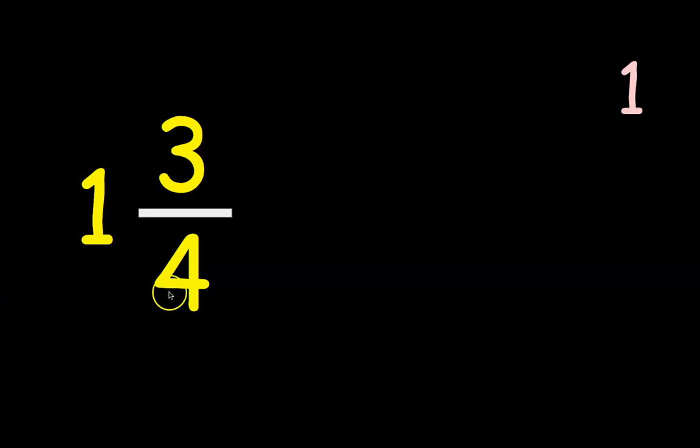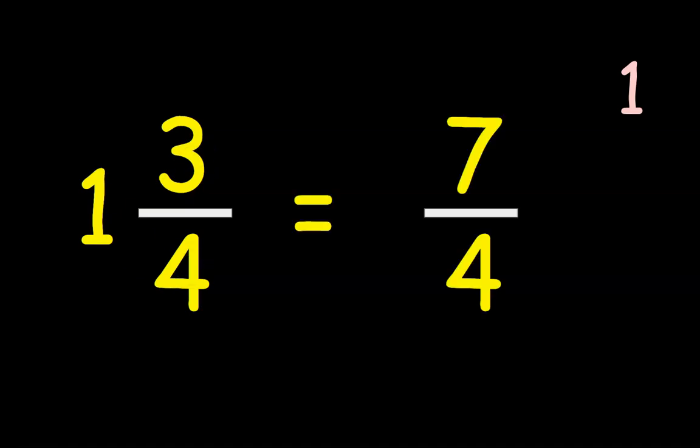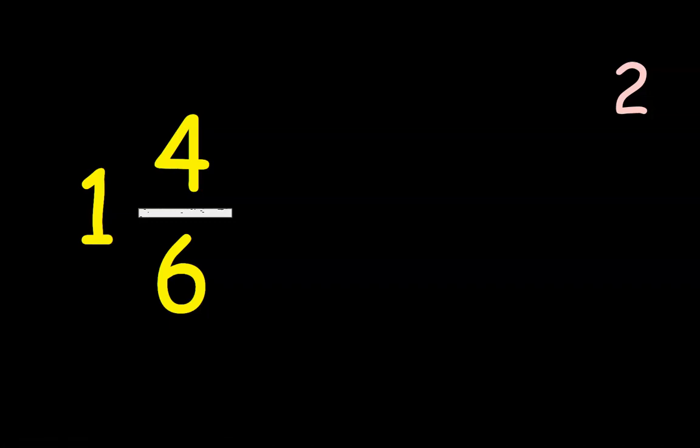Right. This pizza was cut into 4 equal pieces. I might as well do the same with that one. If I cut this pizza into 4 equal pieces, I get 4/4 plus 3/4, 7/4. 1 4/6. Pause, continue when ready. Right.